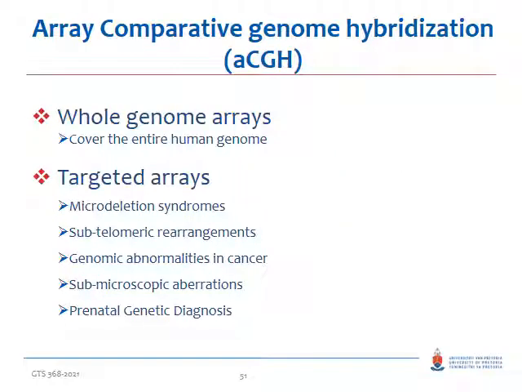The arrays can basically cover the entire chromosome, called the whole genome arrays, or it can be targeted, such as in the case of microdeletion syndromes, just subtelomeric. It's very commonly used for genomic abnormalities in cancer, submicroscopic aberrations, or prenatal genetic diagnosis.